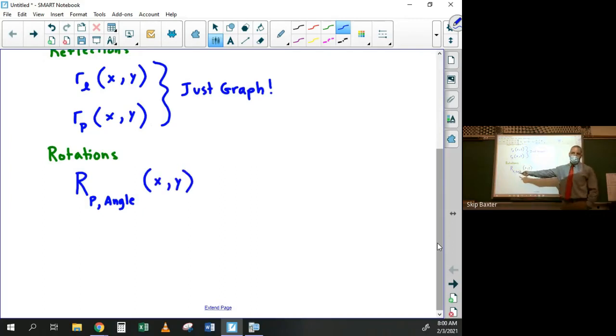And if there isn't a point listed, then the default point that you're rotating around is the origin, (0, 0). And remember, if the angle is positive, it's counterclockwise. Positive, you rotate this way. If it's negative, you rotate this way. And again, the best way to get the image is to just graph it.